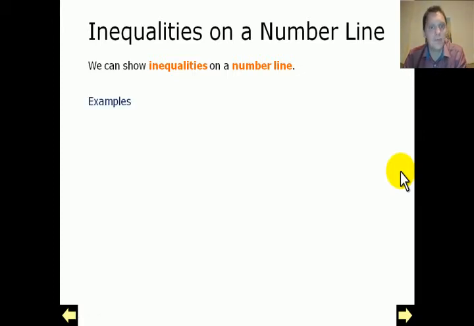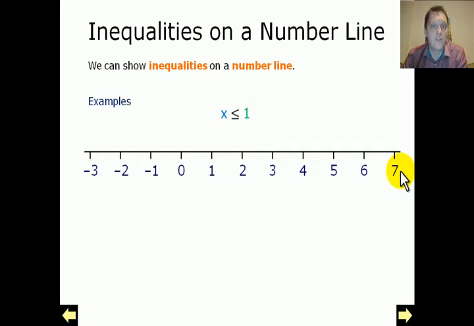So we've got x being less than or equal to 1. Now we can represent this on our number line. First of all, the first thing that we want to do is identify where number 1 is on our number line and draw a circle. Now, if our sign is a strict inequality, so a less than or greater than, we are going to draw an open circle.